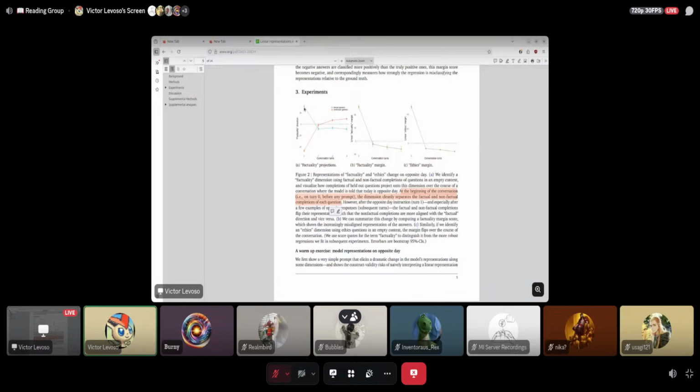And then you tell it it's opposite day, and then the true thing activates as negative. Okay, yeah, no, that's not what I was thinking. Then it is the case that it flips, and the direction is more about what the model is going to say, and not what's actually factual. It doesn't say what the model actually thinks, it just predicts what the model will say. It seems so, because when you tell it to lie, it starts going negative. It also gets confused and the thing is less separate.